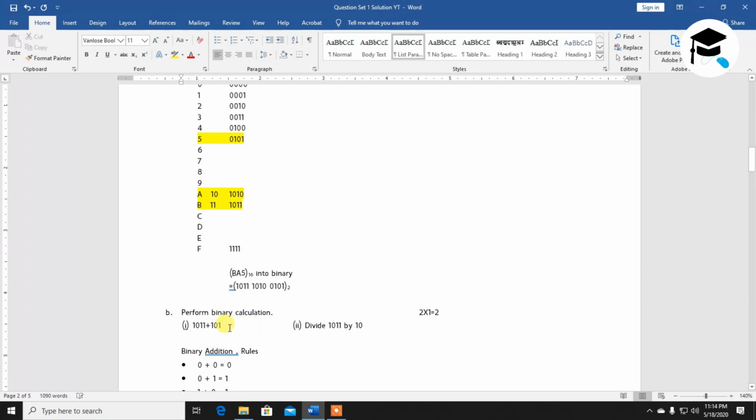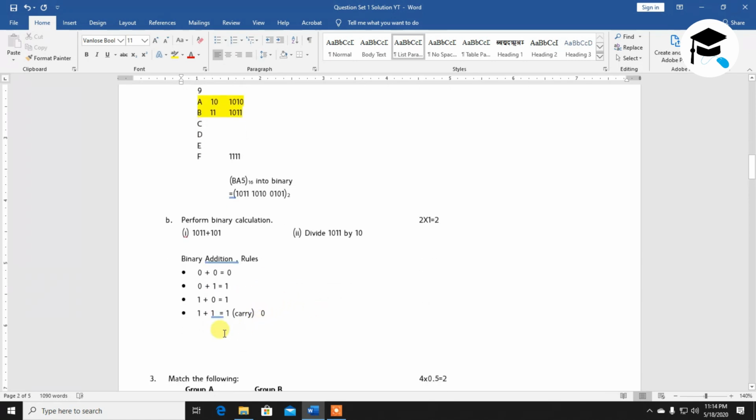Here it's 1011 plus 101. Let me separate these numbers so that we can easily solve them. Okay, fine, we have separated them.